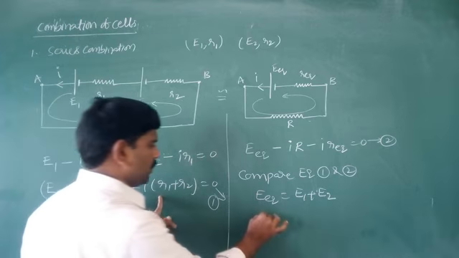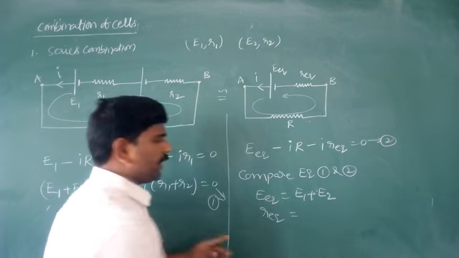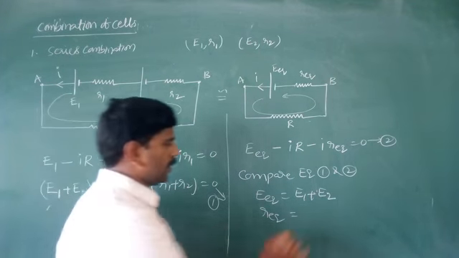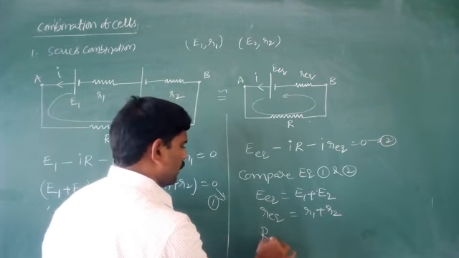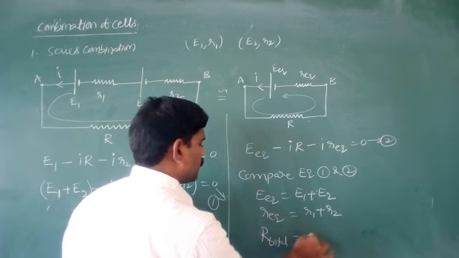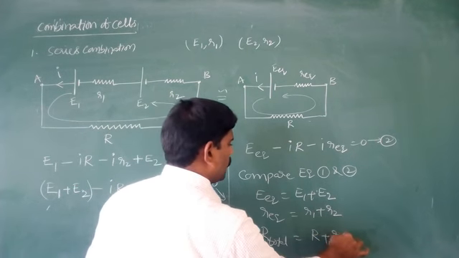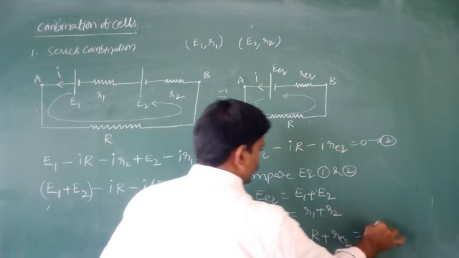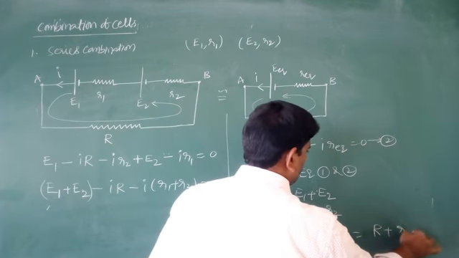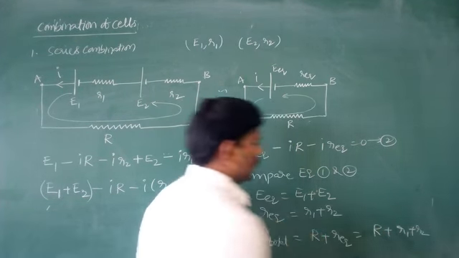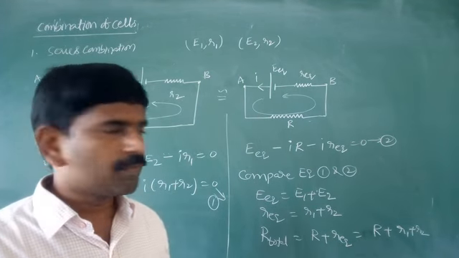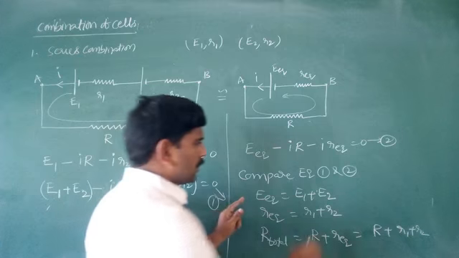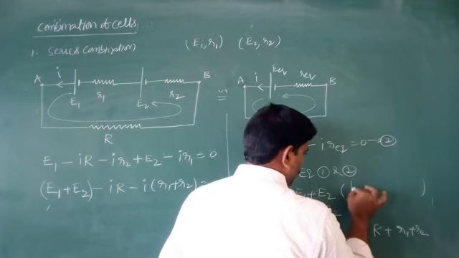R equivalent, the equivalent internal resistance, is equal to R1 plus R2. R total, the total resistance in the circuit, is equal to capital R plus R equivalent, that is capital R plus R1 plus R2. That is the total resistance. Here this one we are calling the helping manner.